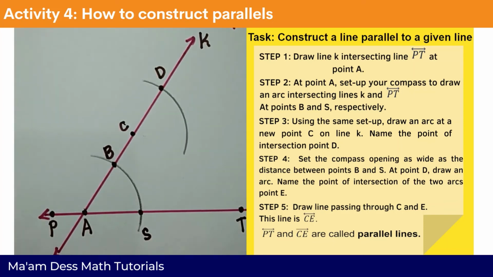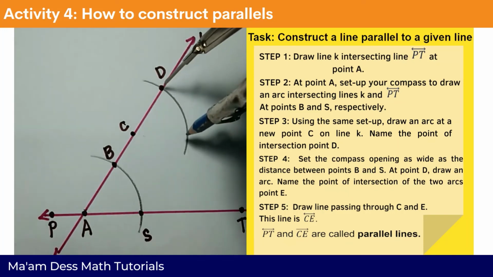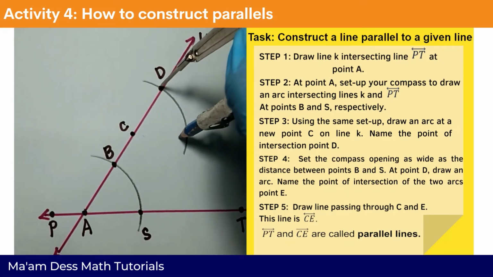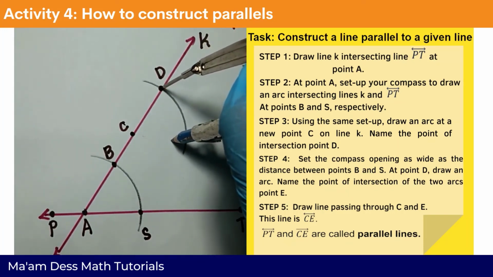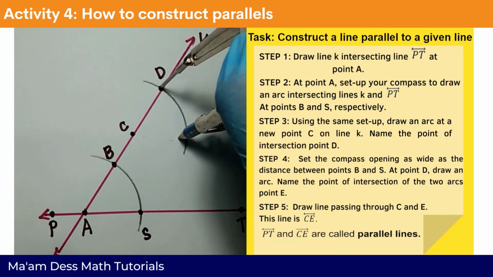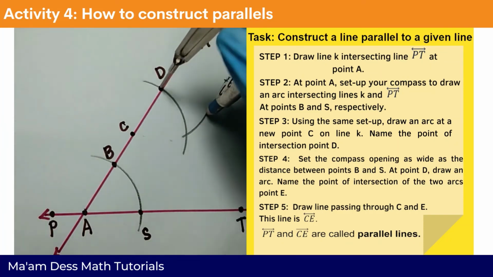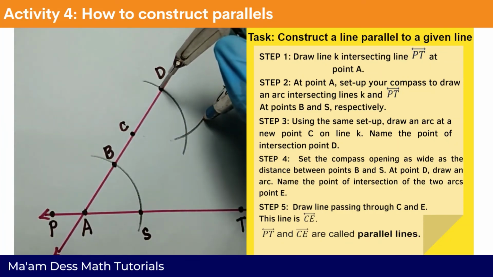Set up the compass, opening as wide as the distance between points B and S, and at point D, draw an arc. Okay? So, do not change the setup of the compass. So, again, draw an arc.